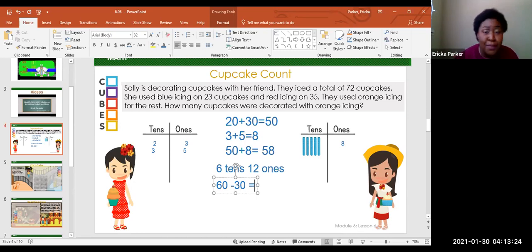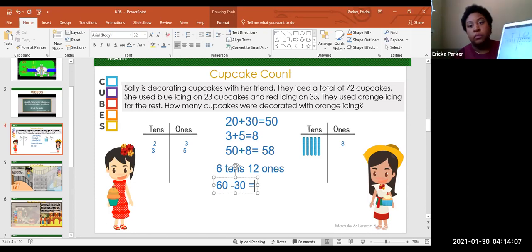So let me show you with the sticks and the dots, y'all. Our number is another way to show 72, with 6 10s and 12 ones. All right, so I am getting my little chart together here. 1, 2, 3, 4. 1, 2, 3, 4, 5, 6. 1, 2, 3, 4, 5, 6, 7, 8, 9, 10, 11, 12.